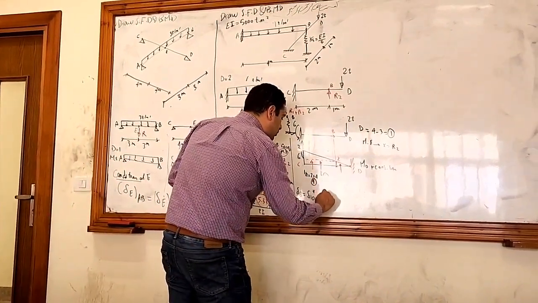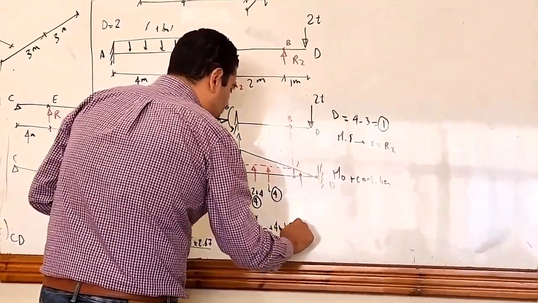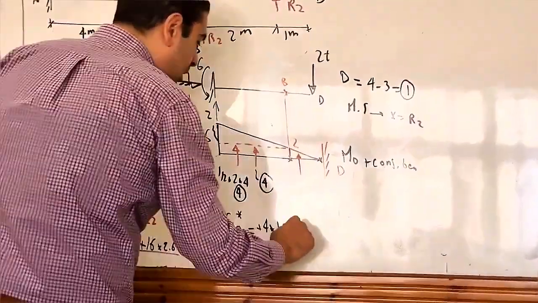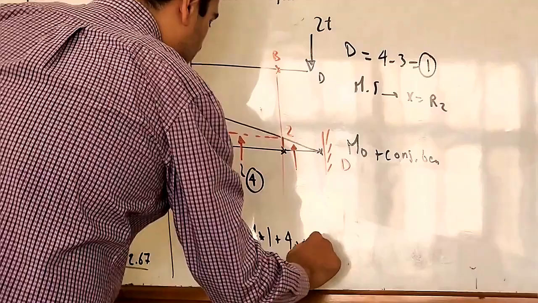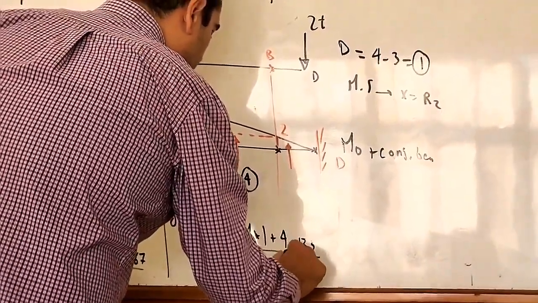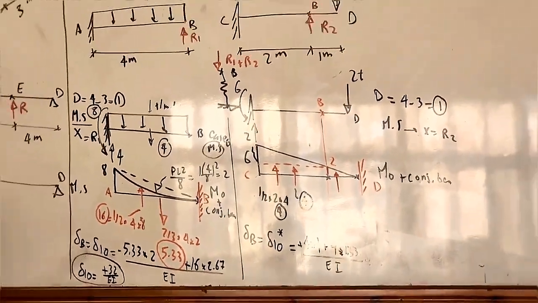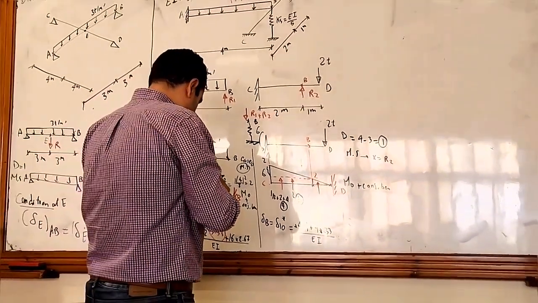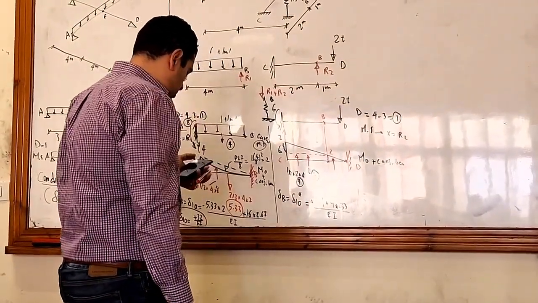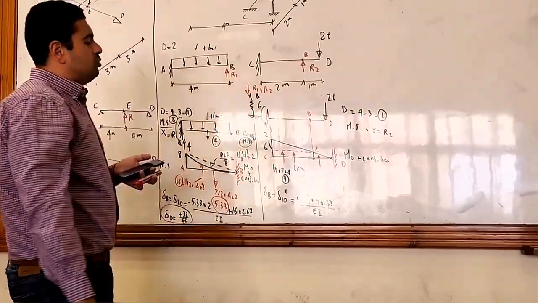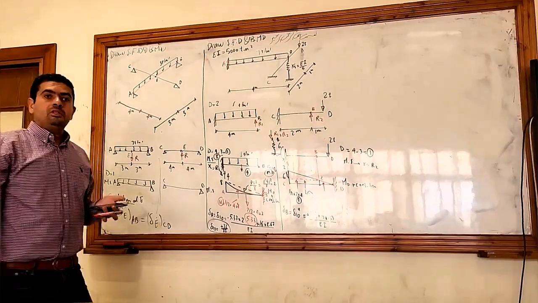So the first 4 of the rectangle, 4 times 1, positive. And the 4 other force, which is 4 of the triangle, 4 times 2/3 of the 2, which is 1.33, divided by EI. 4 times 1.33 is 9.33, right?